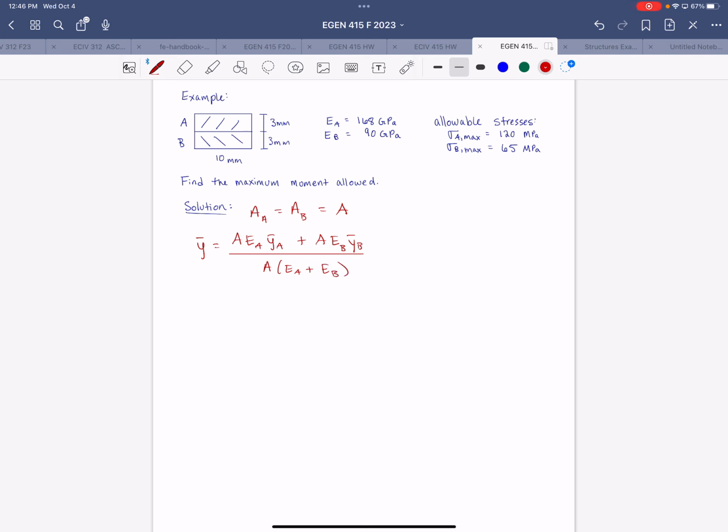And we can only make that simplification, right, because they have the same cross-sectional area. Here, all the A's cancel out.